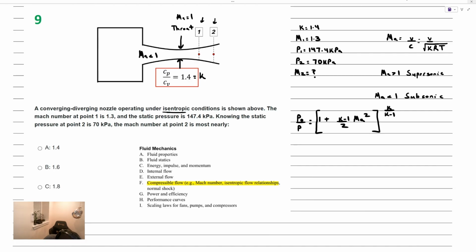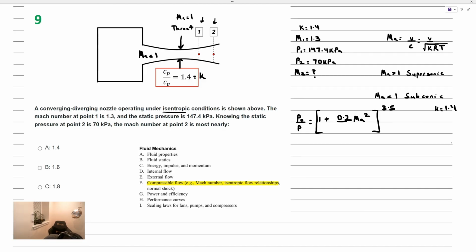If we fill in k equal to 1.4, we can simplify a little bit: 1.4 minus 1 divided by 2 gives us 0.2. So let's write that down, 0.2. And what about up here? 1.4 divided by 0.4 gives us 3.5. So let's fill this in as 3.5. Now we have a simpler relationship.